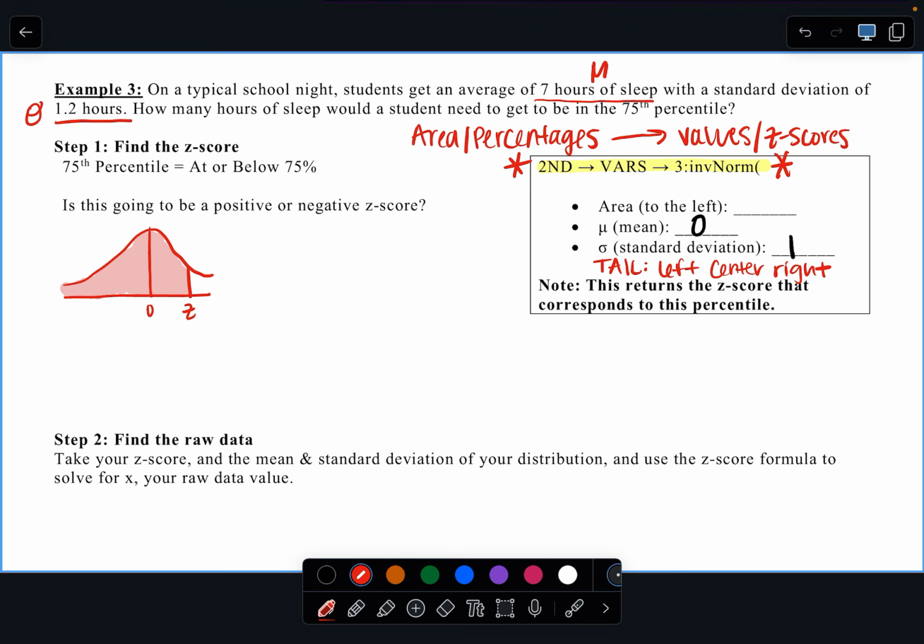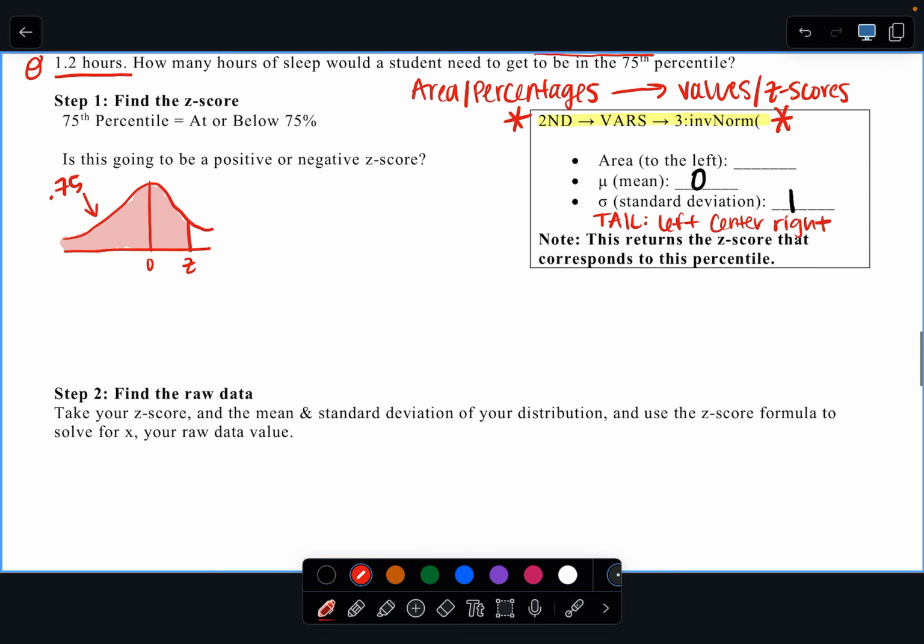So we need to figure out what z-score cuts off this area. We know that this area is 0.75, and it's on the left-hand side, so I don't even have to mess with the tail option. In this case, we're going to have a positive z-score because it's above 50. If they had asked for the 25th percentile instead, I should have a negative z-score and it wouldn't quite hit that middle marker.